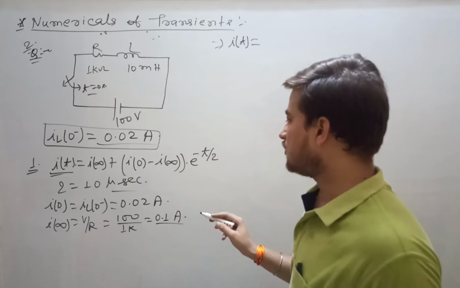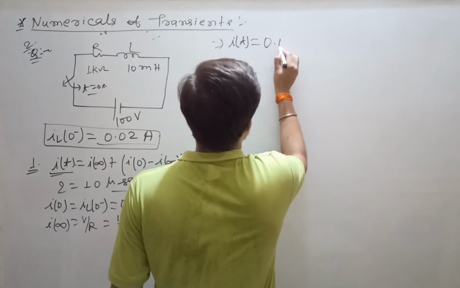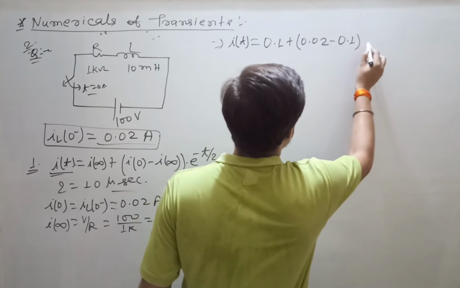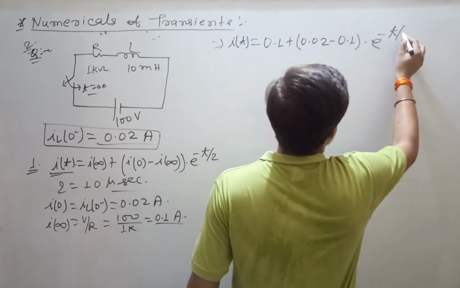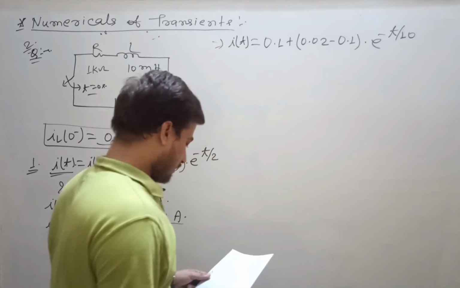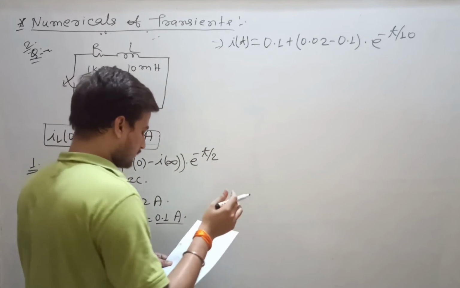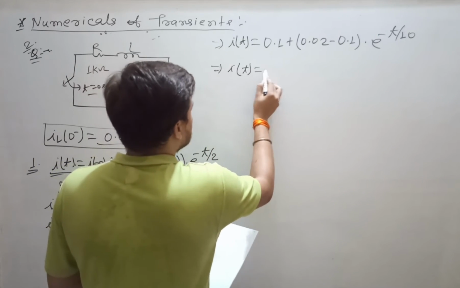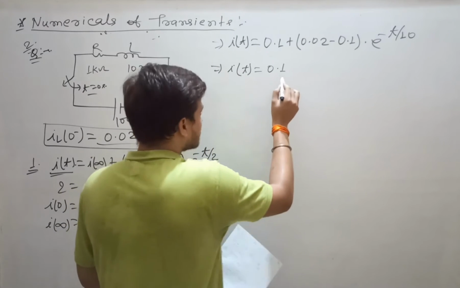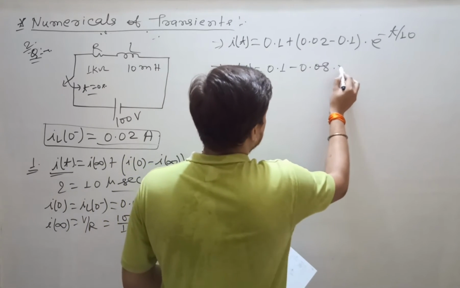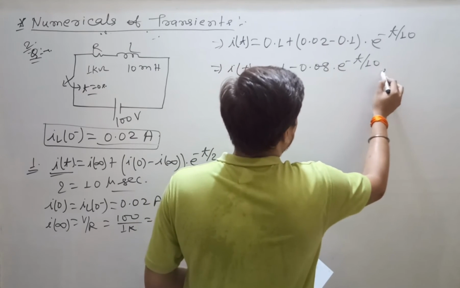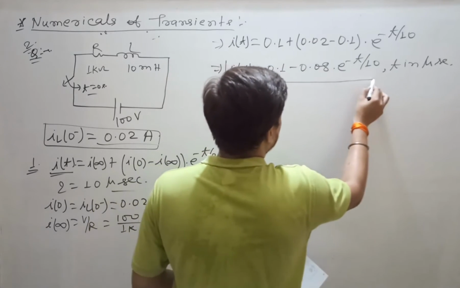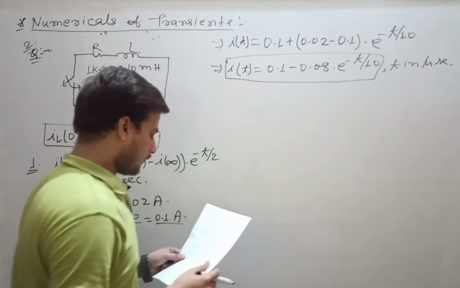So I infinity is 0.1 plus 0.02 minus 0.1 into e to the power minus t by 10. So from here we will write IT is equal to 0.1 minus 0.08 into e to the power minus t by 10, where t is in microsecond. So this is the answer of first question, that is the expression of IT.